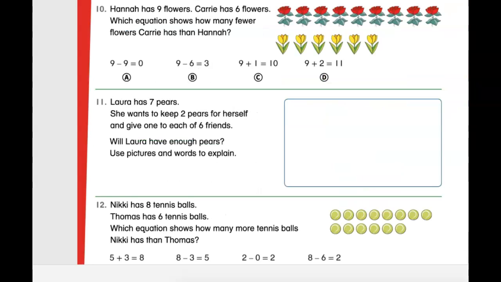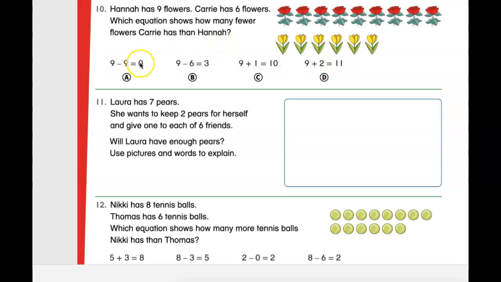On our last page, number 10 says Hannah has 9 flowers. Carrie has 6 flowers. Which equation shows how many fewer flowers Carrie has than Hannah? So if Hannah has these 9 red flowers, Carrie has these 6 yellow flowers, and we want to show an equation that shows how many fewer flowers Carrie has than Hannah, which of these equations down here represents this story?